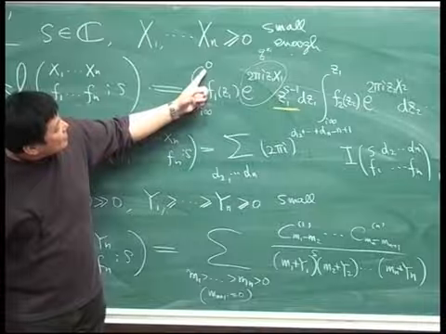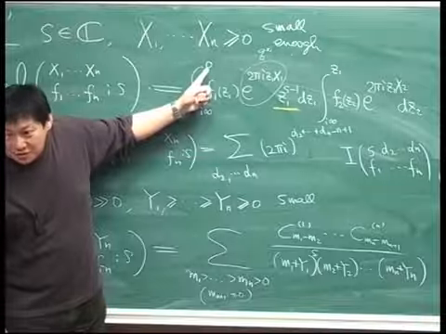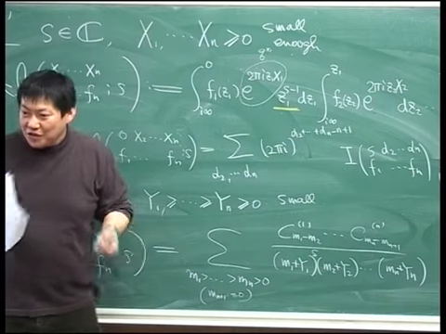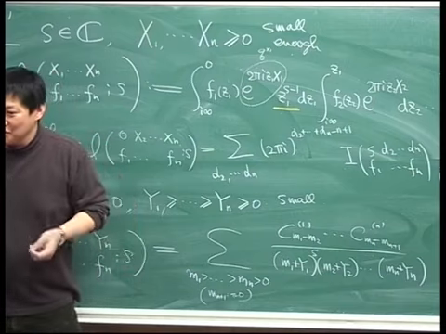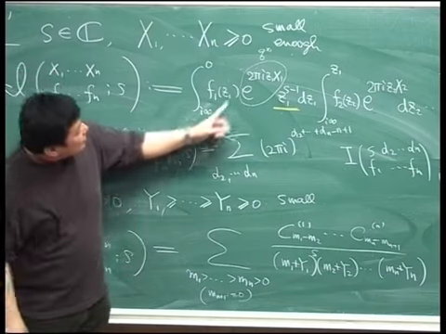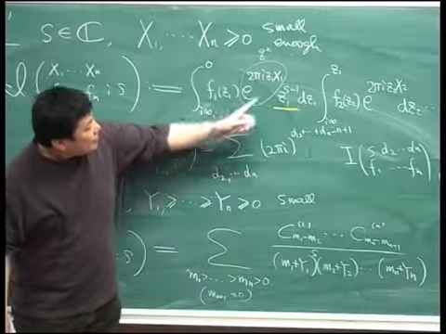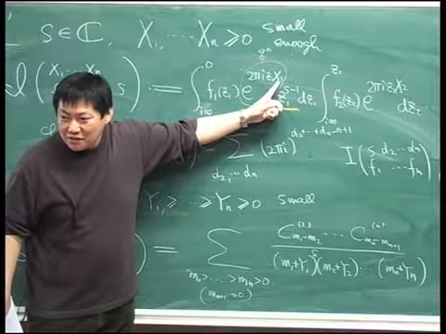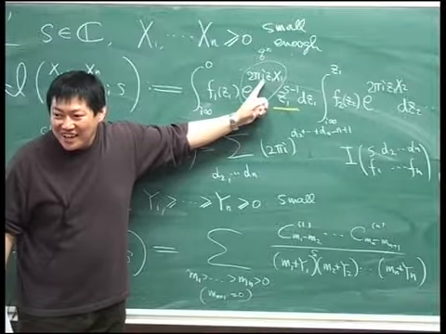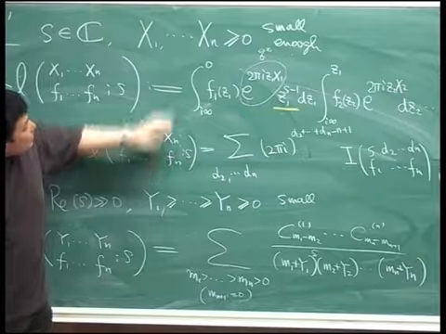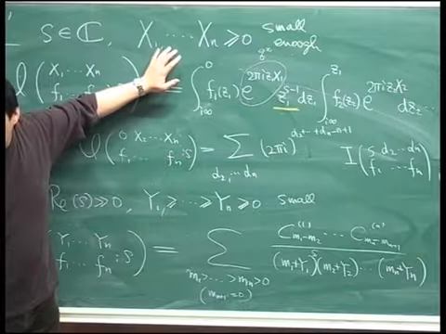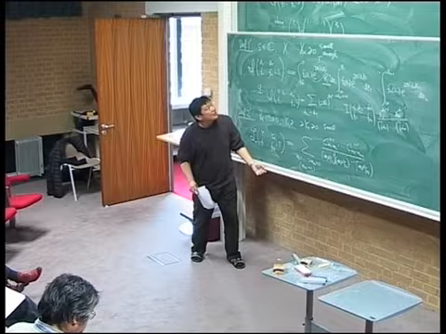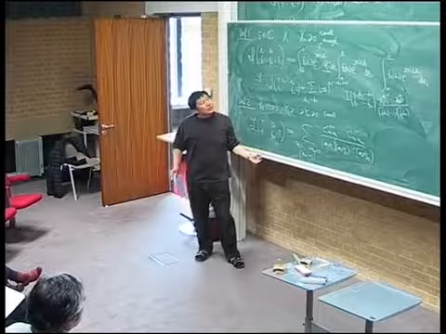And to check the convergence around 0, we transform 0 and infinity using a fractional transformation. Then for both cases, x1 should be small and non-negative. Actually, we can relax this condition a little bit more, but to state the theorem, I require this condition.